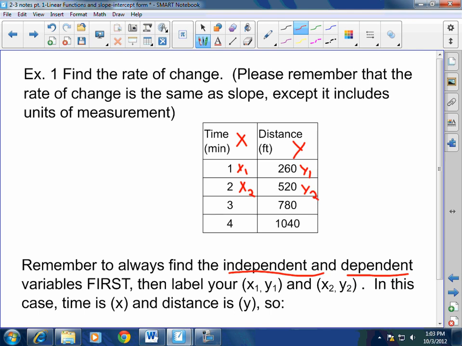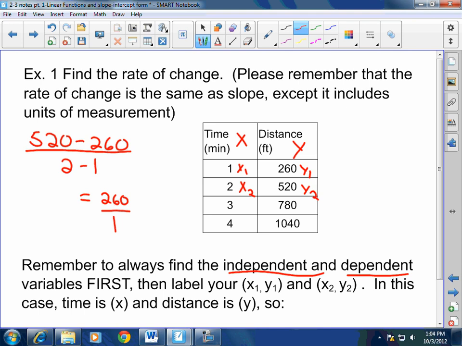So I've got y2, which is 520, minus y1, which is 260, right? Over x2 minus x1. So that's going to equal 520 minus 260 is 260 over 1. But it's a rate of change, so I must include the distance.